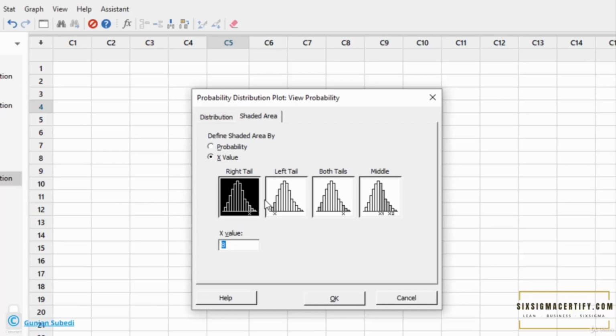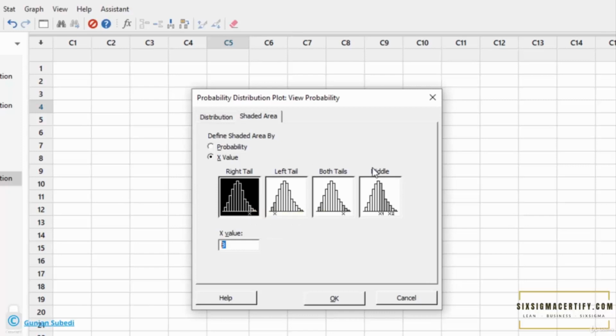The question is a right tail probability distribution because we want to find out the probability of 8, 9 or 10 flights. If our question was the probability of not more than 2 or 3 flights landing on time, then we should have selected the left tail probability. This is a right tail probability because we are trying to find out at least 8 flights out of 10 landing on time.